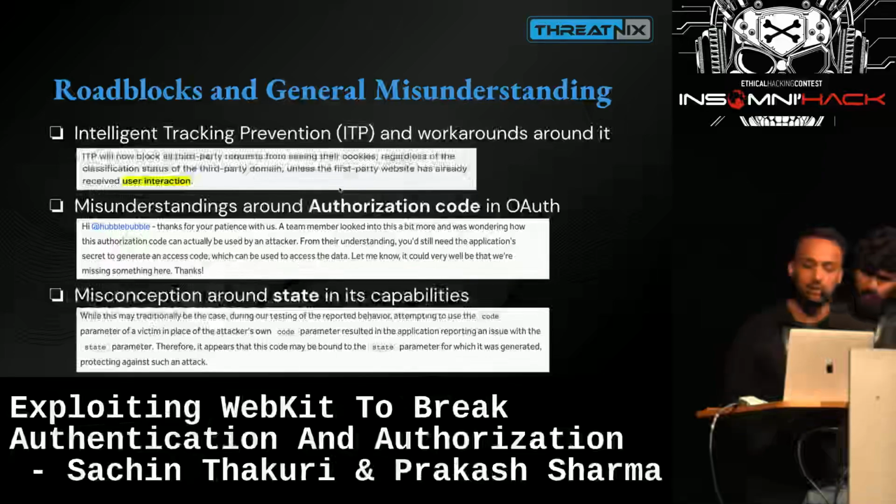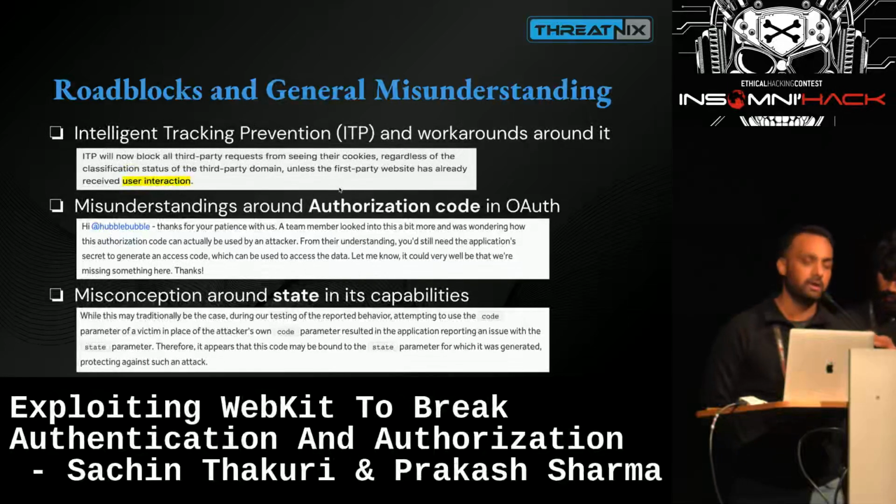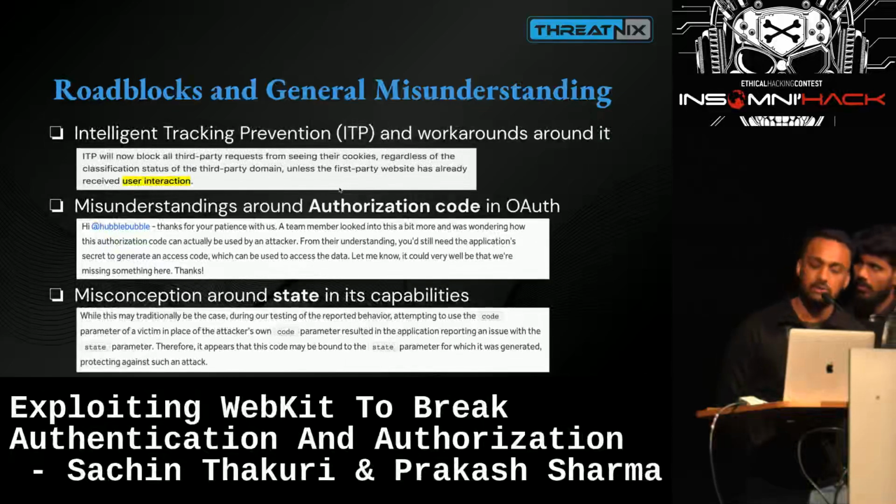So in a real attack scenario, what we did was we opened up a tab using window.open, and then we kept polling the vulnerable endpoint until the user interacts with it. And much later, we discovered another workaround where we found a way to make the exploit work without triggering the ITP by using the form action attribute, which Prakash will discuss more about.